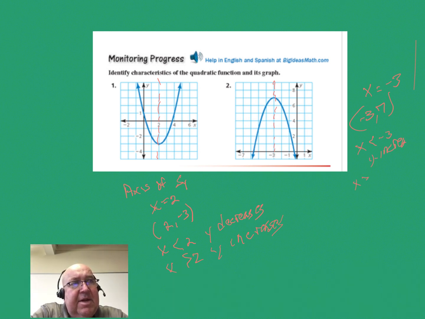When x is greater than -3, y decreases. We'll find out later that this graph number 2 has a negative leading coefficient, meaning that's why it's opening downward. We're going to look at how some of the graphs are going to relate to each other.